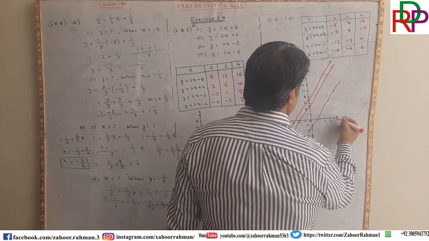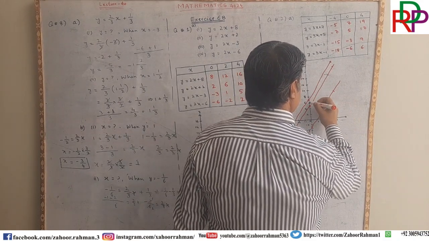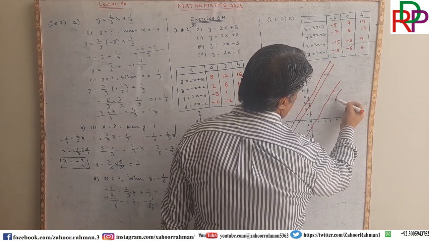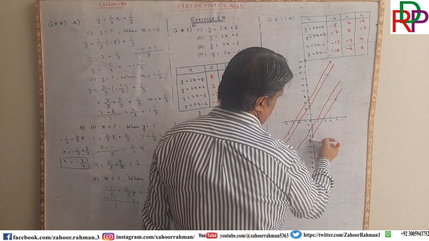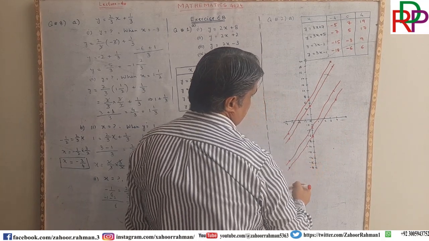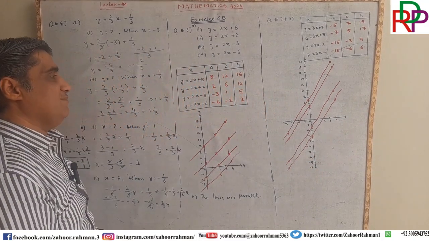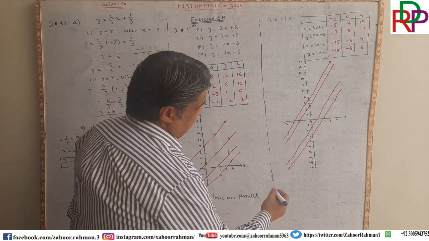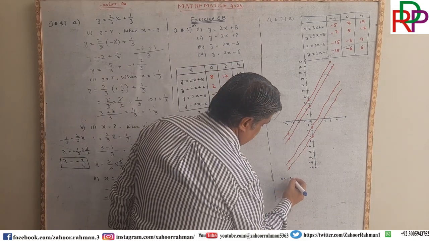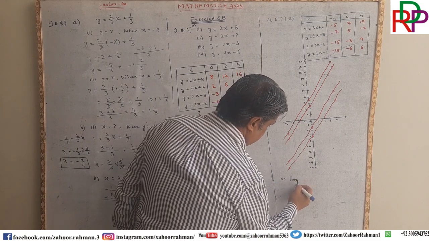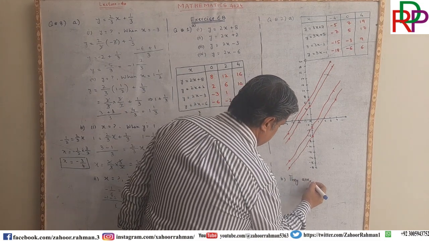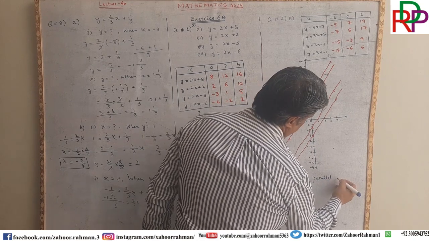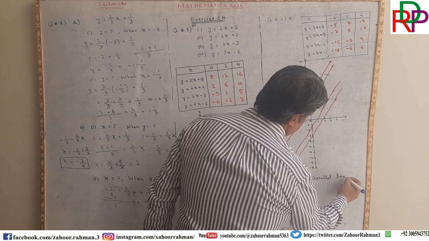So 4 and 6 will be somewhere here. Again, we have to connect all these lines, and as we saw in the B part, they are parallel lines. Again, we are saying that they are parallel lines.